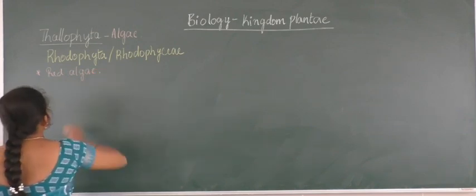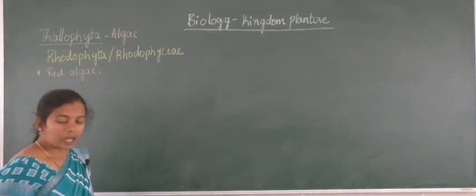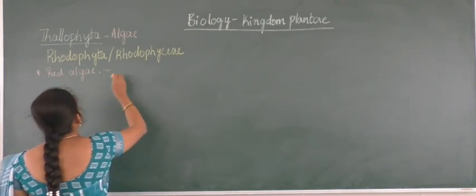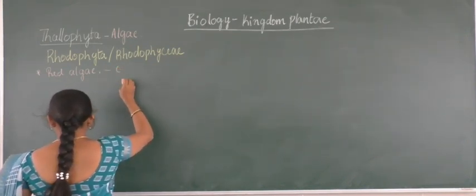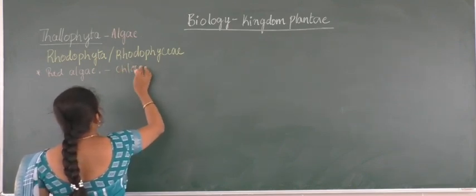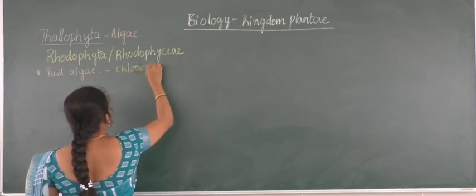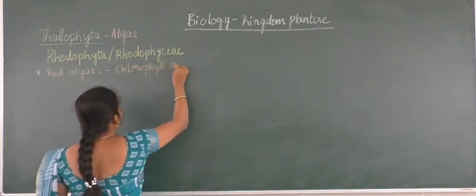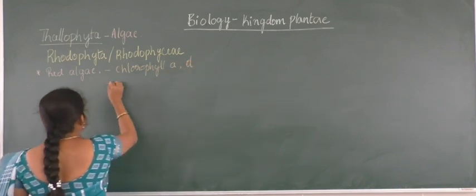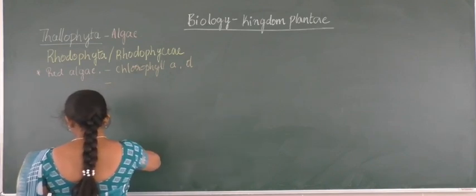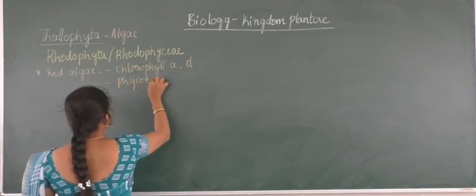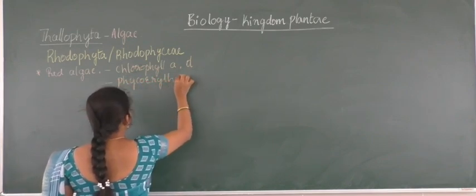When it comes to red algae, we need to identify the different types of photosynthetic pigments present. Here the predominant pigments will always be chlorophyll A and D. Accessorily, along with this there is a pigment called phycoerythrin.